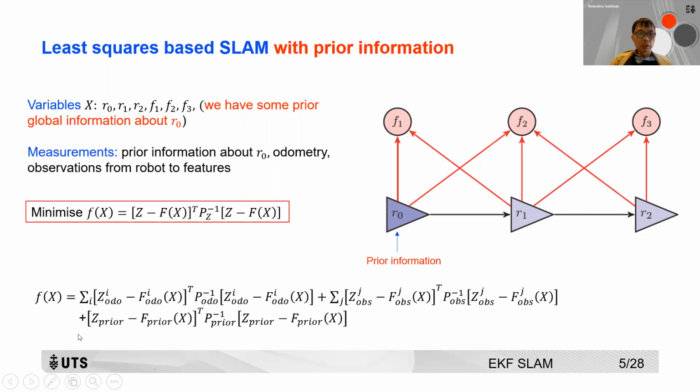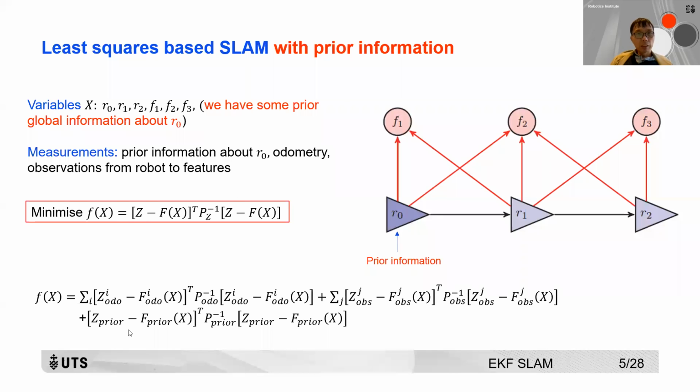In a simple case, that prior is just an estimate of pose 0, and P prior is just the covariance matrix of this pose prior. And F prior of X is just R0 itself.